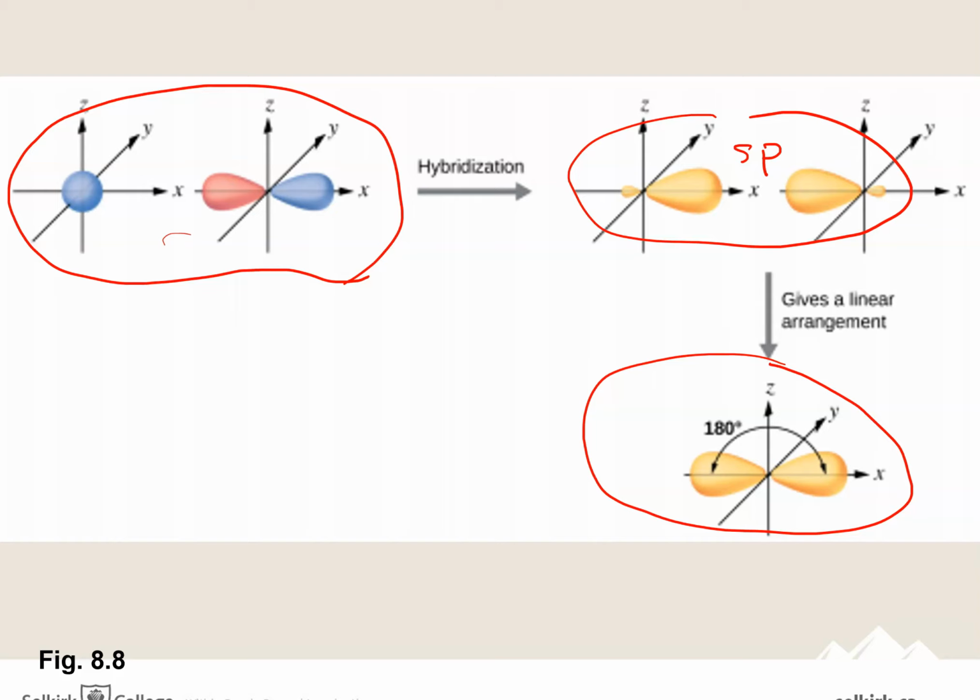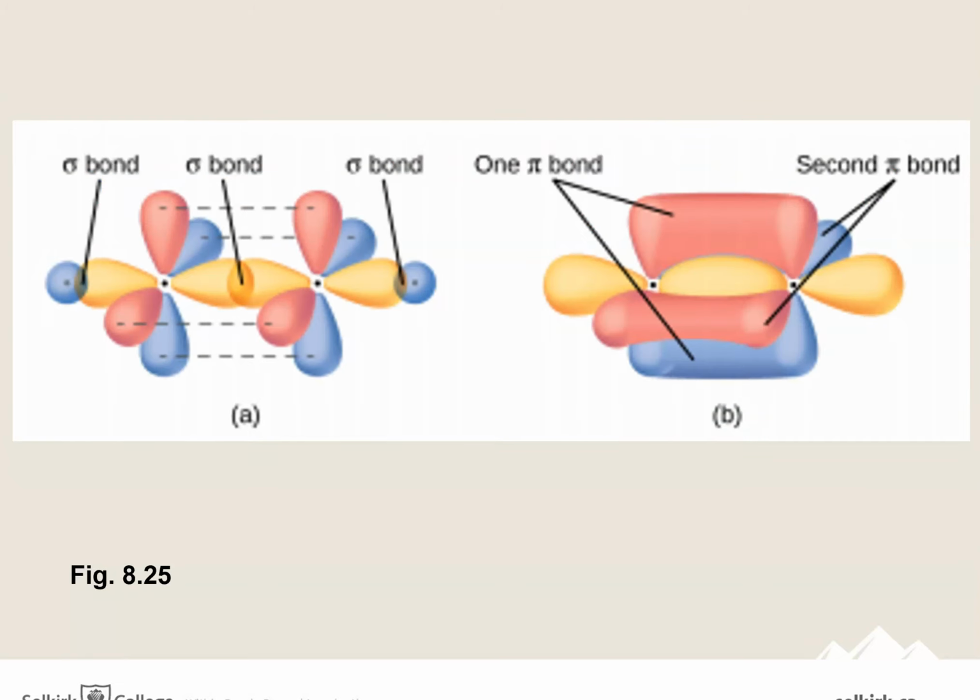Now, to put that together to make the triple bond, this is what I was trying to show you with my artwork. Figure A there shows exactly what I was trying to show you, that the sigma bond was formed by the end-on overlap of the hybrids, and here's the up and down p overlapping to make a pi bond, and here's the front and back p overlapping to make the second pi bond.